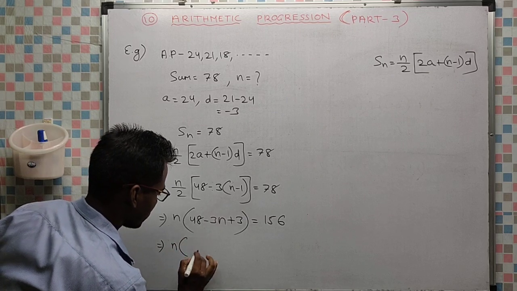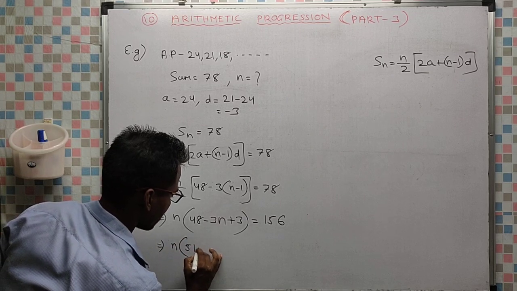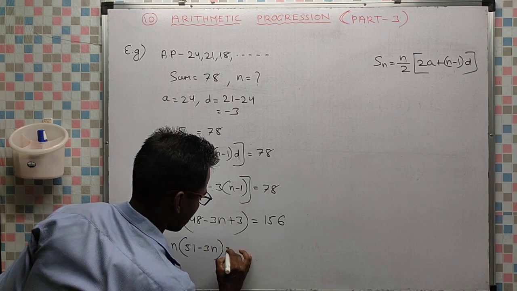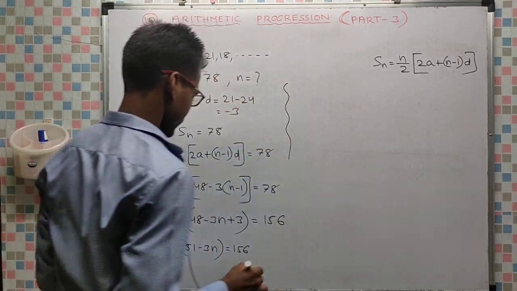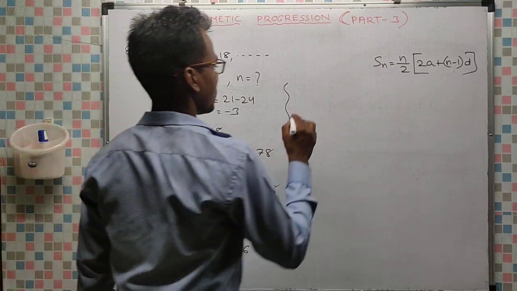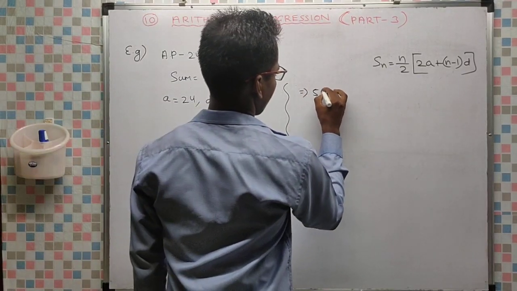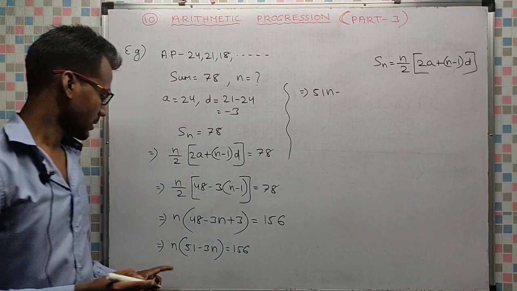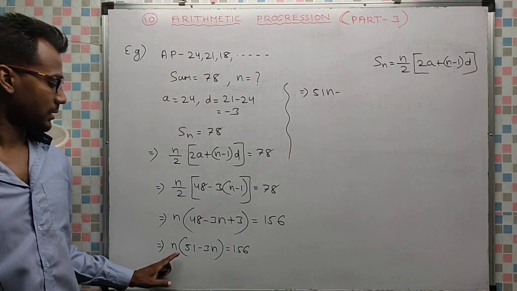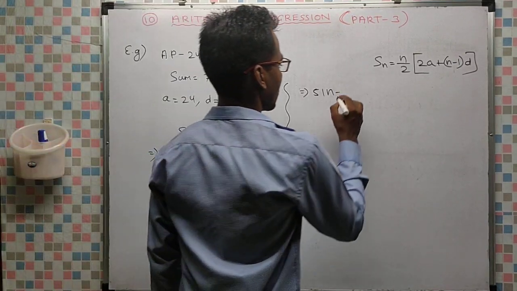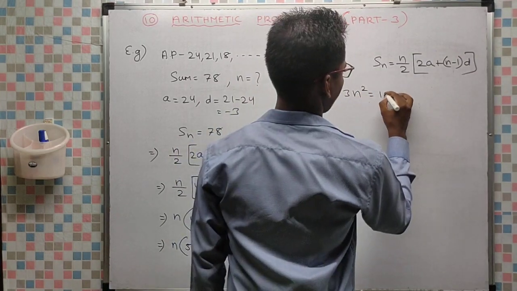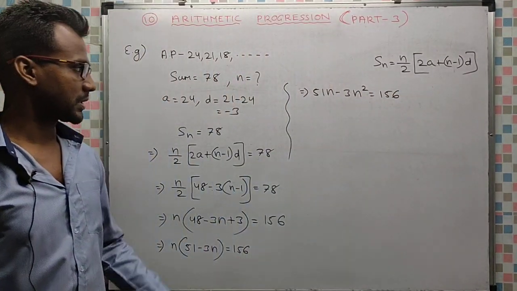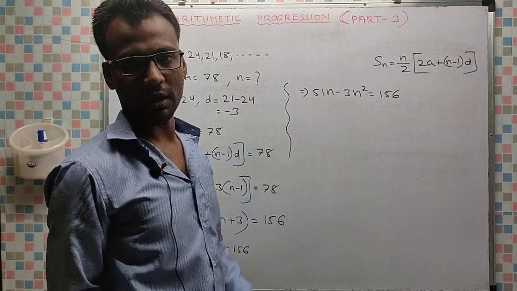Now n into 51 minus 3n is 156. Open the bracket: n into 51 is 51n, n into minus 3n is minus 3n square, is 156. We got a quadratic equation.